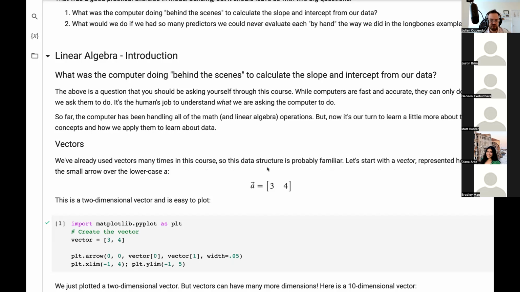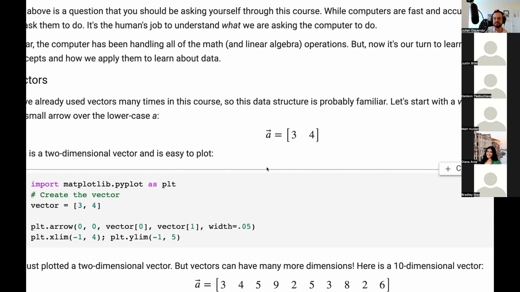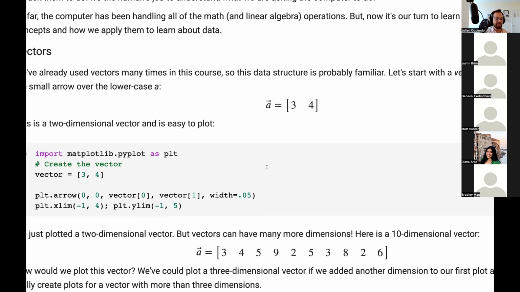So first and foremost, let's go ahead and introduce what a vector is. The structure of a vector is essentially a dimensional value that can be identified as having a direction. And I'll explain more of that in a moment.